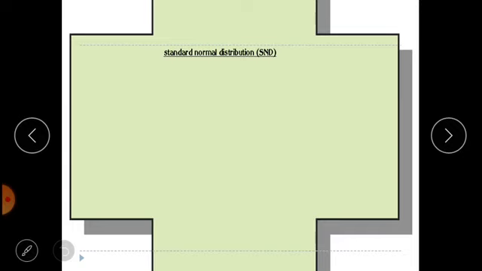Okay, so yung itsura naman ng standard normal distribution or SND is a bell curve lang din siya. So this is your horizontal or x-axis line. So ganyan.